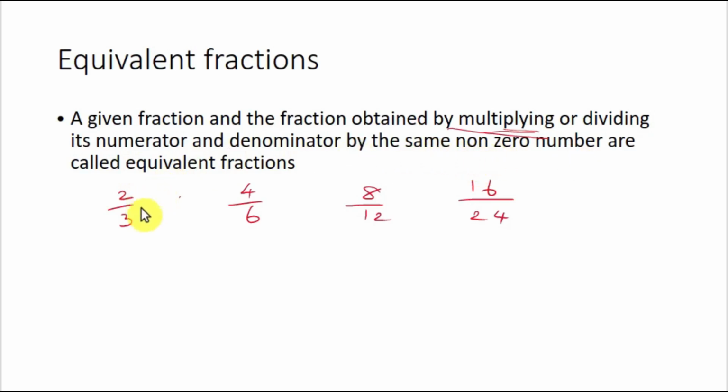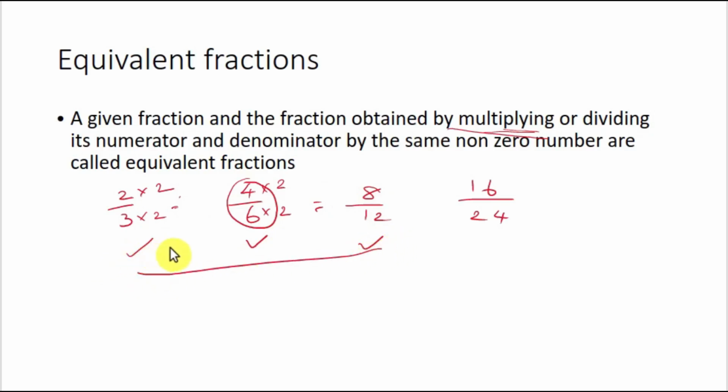So for suppose I am multiplying by 2. 2 into 2, 4. 3 into 2, 6. 4 by 6. Next, 6 into 2, 12, 4 twos are 8. 2 by 3, 4 by 6, 8 by 12. These are all equivalent fractions.